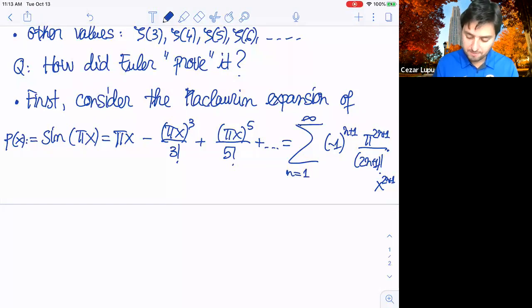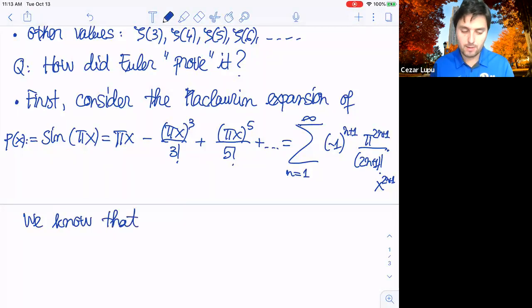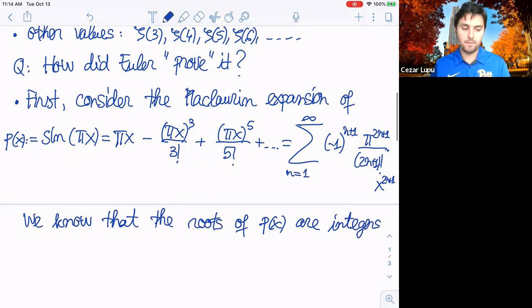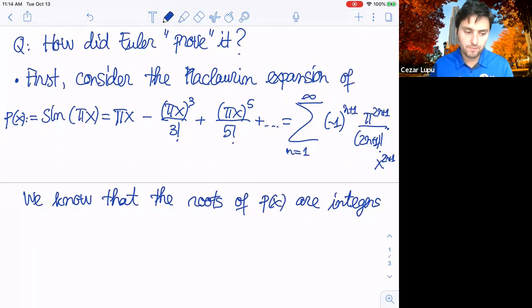We know that the roots of p of x are integers, right? You know how they look. They're k pi, something like this.